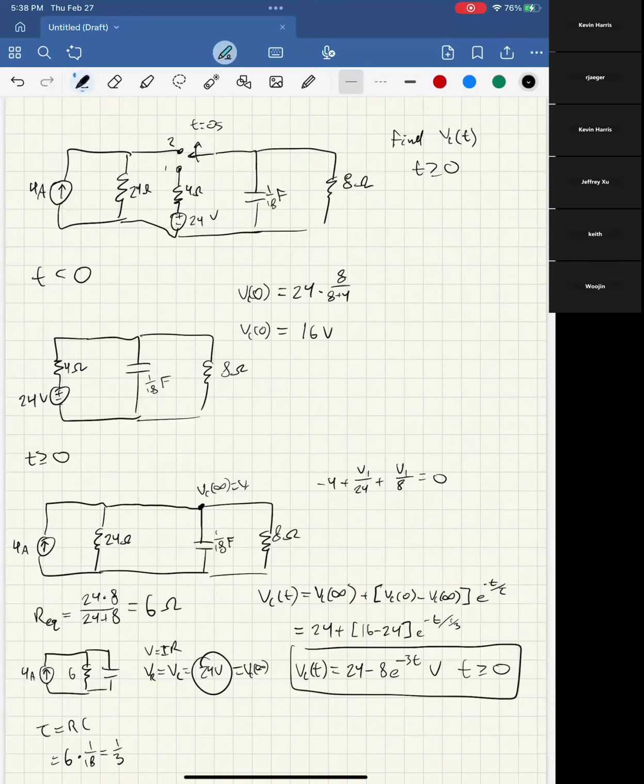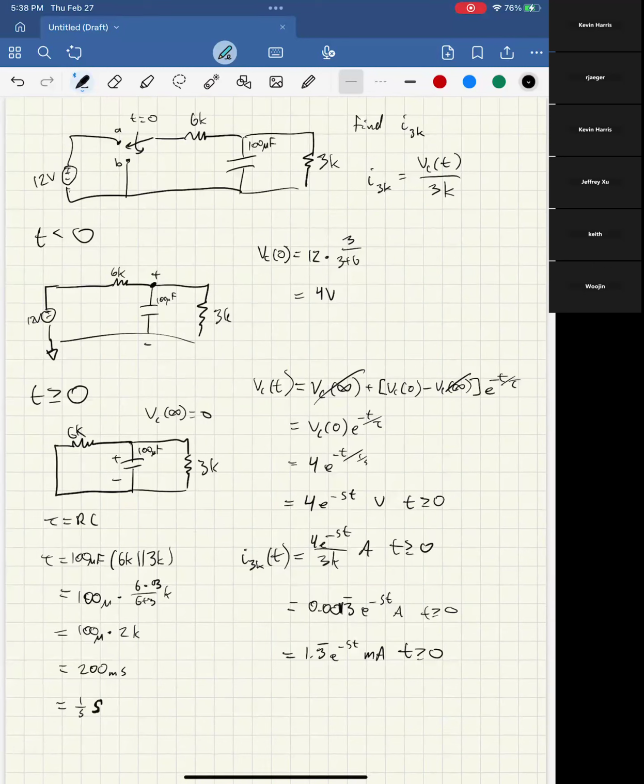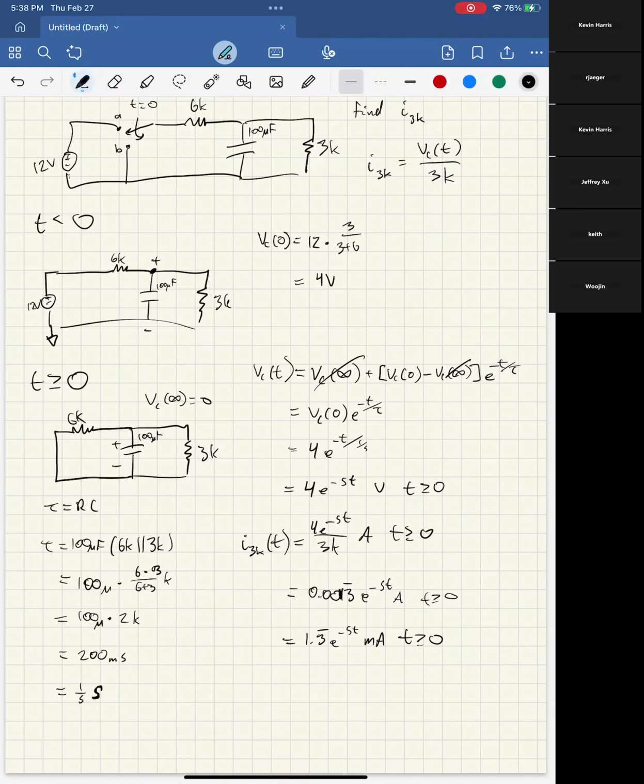For voltage division, how do you know which resistor is in the numerator? It's whichever one you care about. In this case, I just did this question. You can redraw this as 3K, 6K, and 12.